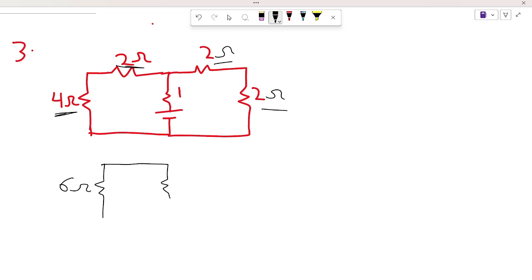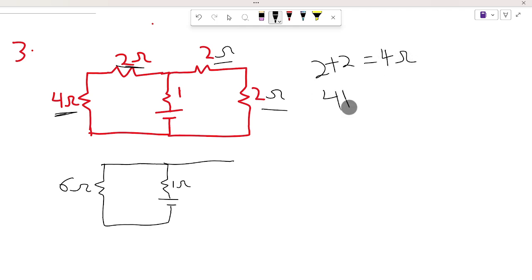Our 1 ohm resistor is still here, and we can also have our 2 ohm, so 2 plus 2 we get 4 ohms, and 4 plus 2 we get 6 ohms.